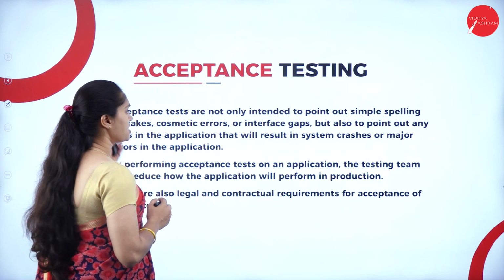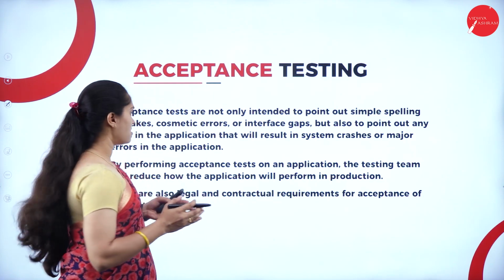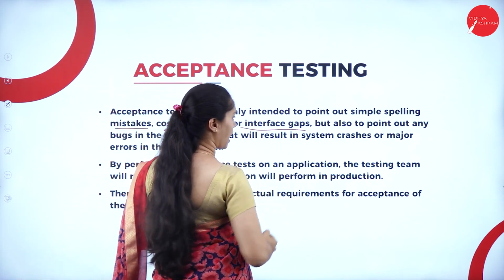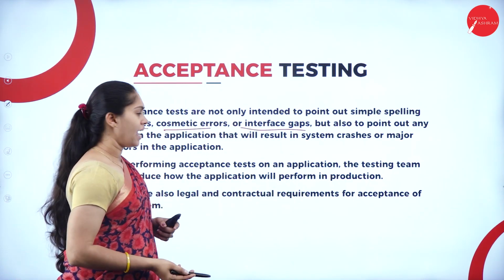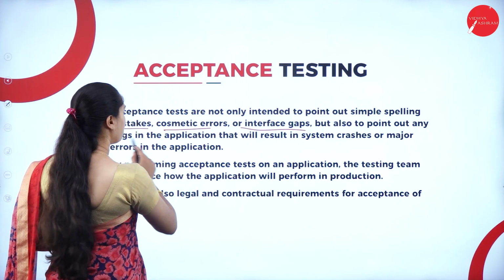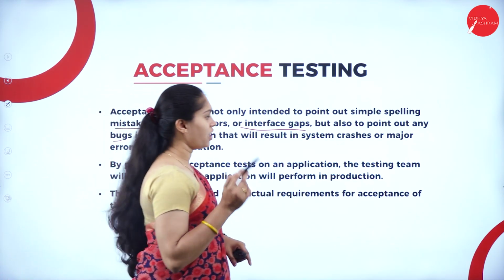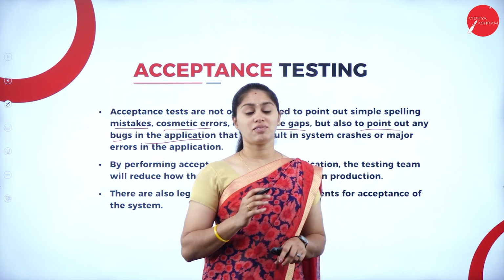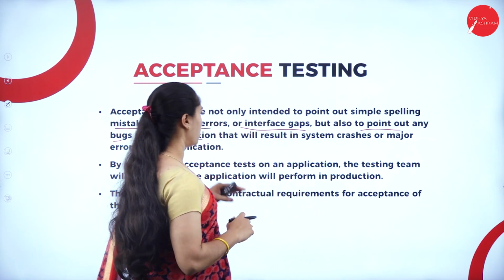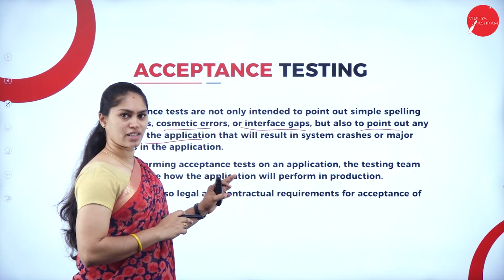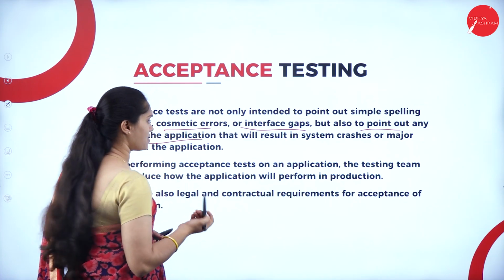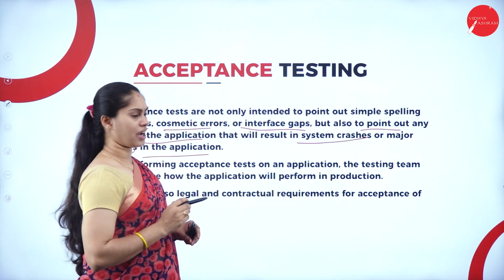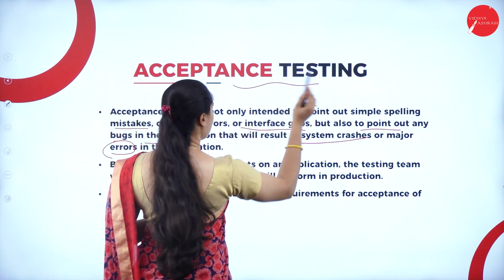Also, acceptance testing is not only concerned with finding mistakes, cosmetic errors or interface gaps; mainly it helps to remove the bugs in the application. If we find out the bugs, it also helps in the efficient usage of the system, and anything that may result in a system crash or major errors in the application can be found with the help of acceptance testing.